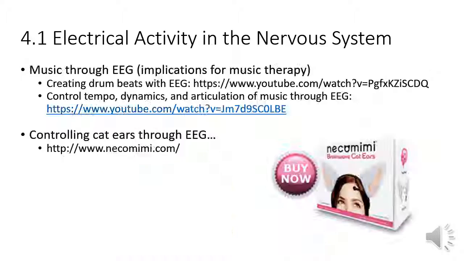Another way that people are trying to use EEG is by creating music through brainwaves. So if you're interested in music or music therapy, this could be interesting to you. There's one example of scientists teaching people who can't move to use their brain waves to create drum beats. It's a difficult process, but they're still in development for it.